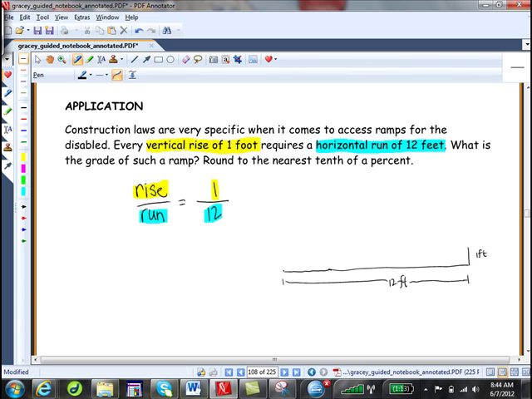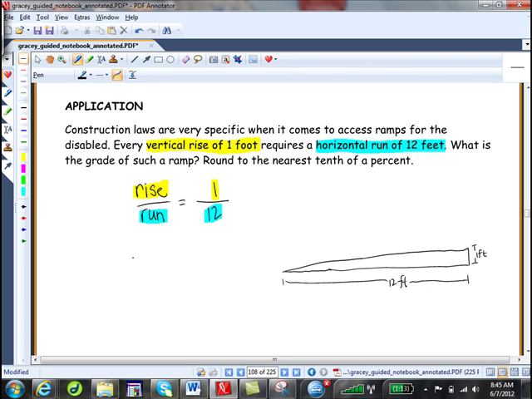And then the ramp would go like this. Right? All right, so we've got rise over run is 1/12. So the grade is 1/12.